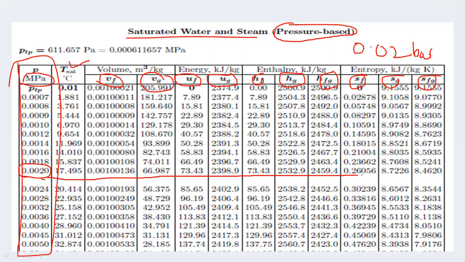That is, all these properties which you are seeing here, we extract from the steam table and use these values for our calculation. So always, for your purpose, you have to refer to the steam tables based upon the temperature basis or the pressure basis. How can you decide? By reading the question given to you very carefully, whether it is on the temperature basis or on the pressure basis. These are the things you need to understand.